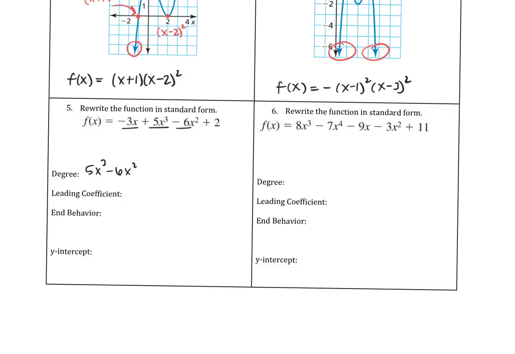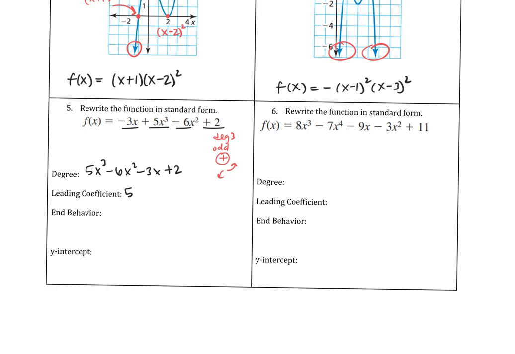There's a minus 3x plus 2. All right, the leading coefficient here is just 5. The end behavior, since this graph is an odd degree, the degree is 3. And the leading coefficient is positive. We've got negative to negative, positive to positive.